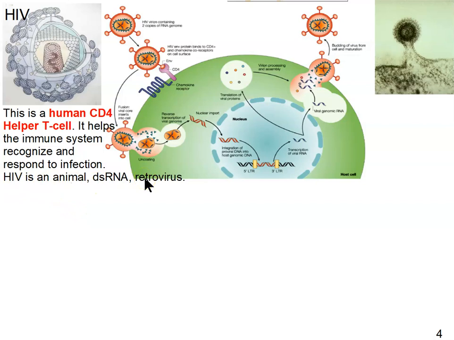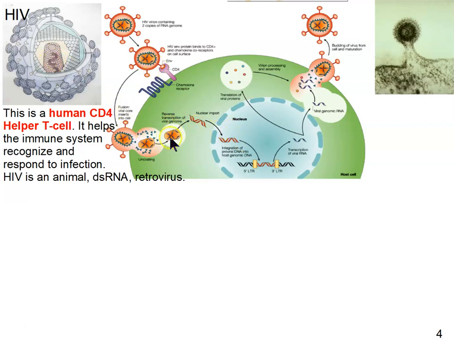So the classification of HIV, according to what we've learned previously about how viruses are classified, it's an animal virus, more specifically a human virus, double-stranded RNA, so there are 2 copies of RNA within the capsid, and it's a retrovirus, meaning that the RNA is going to be reverse transcribed into DNA once it enters the cell.